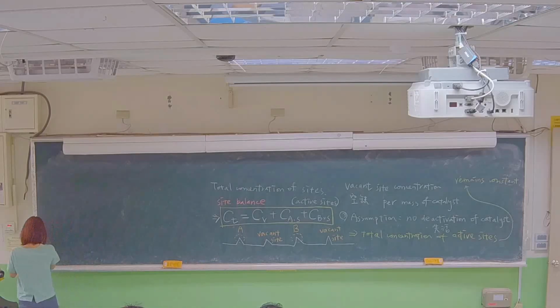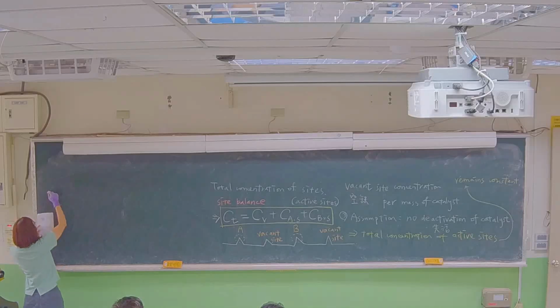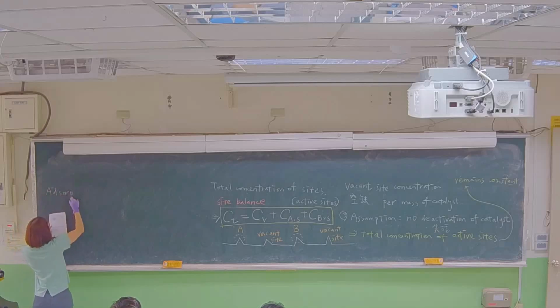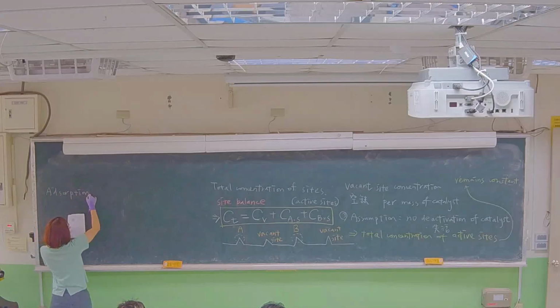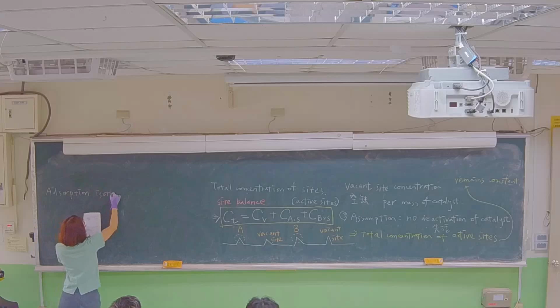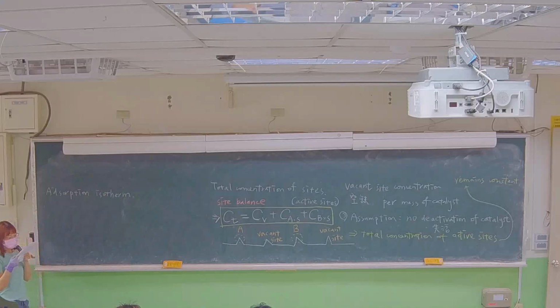Okay, please go to the next one. The first 2 points are to explain the isotherm. I think I have already explained this to you, right? So the first one, slide 31.